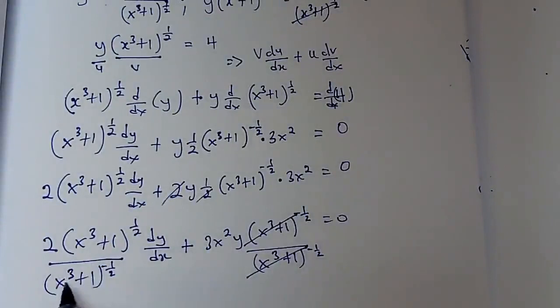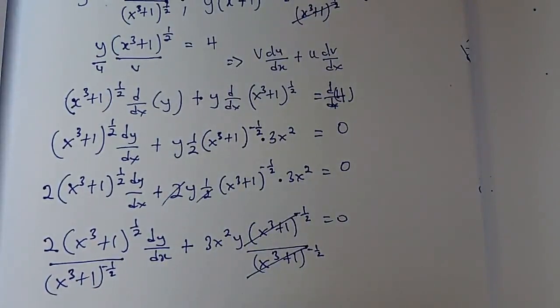And then let's look at something here. The ones in the bracket, x raised to power 3 plus 1 and x raised to power 3 plus 1 here, they are all the same. So the law of indices says that when the base is the same, you have to subtract the exponent. So you're going to get 2 here, x cubed plus 1 here, equal to 2 multiplying everything.